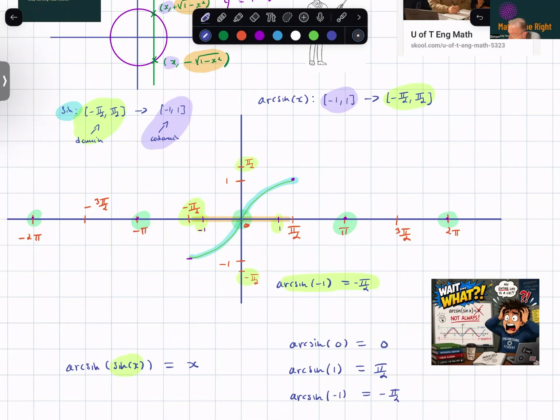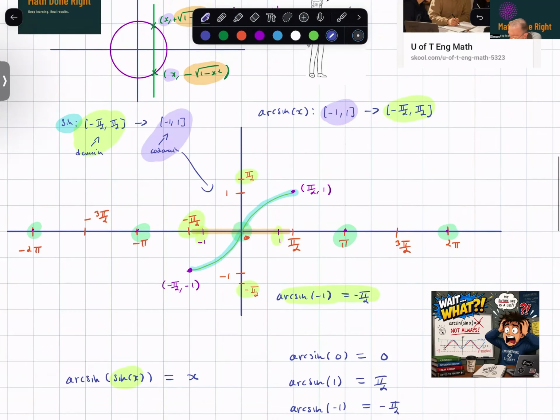This one, we have sine inverse here. What are the points on this graph? We have negative pi over 2 and negative 1, and we have pi over 2 and 1. When we invert a function, and again, this is explained in more depth in the concept videos on invertibility in general, here we're doing a specific example of this, which is the inverse sine.